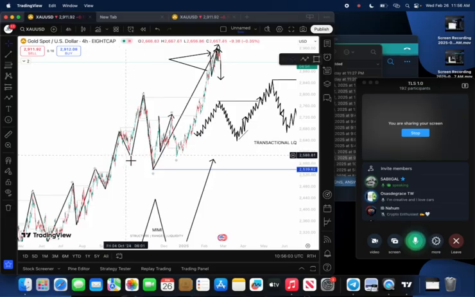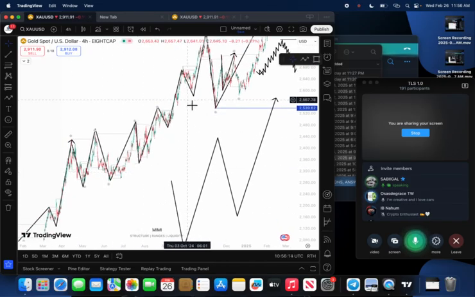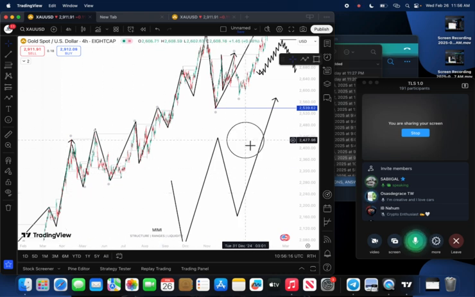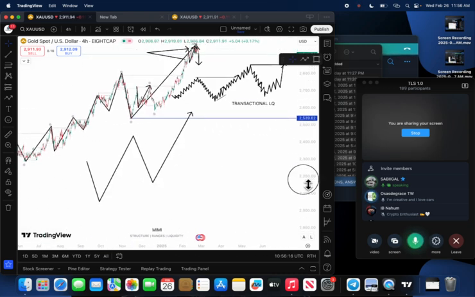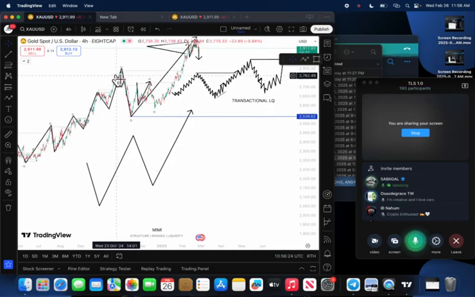But the moment this fails as a change of character, all these are useless, whether they were valid or not. They are going to turn to liquidity. Whether this was valid or not, price has passed it. The order flow has passed it.